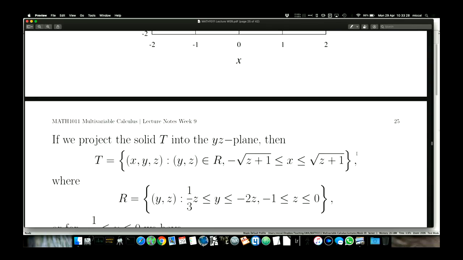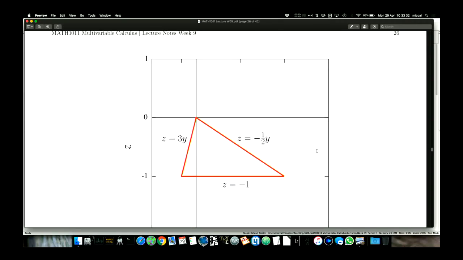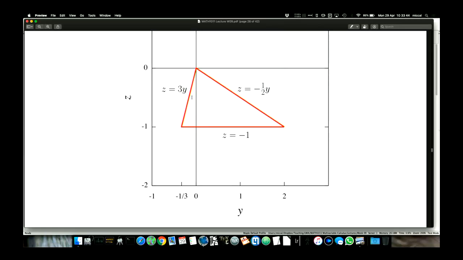Or if I integrate with respect to x first, when I squash it in the xz plane, that's what it looks like. So this one isn't too bad. I could imagine if I do a small sweep in y going from this curve to this curve, then a big sweep in z going from this here to here, that's not too bad.